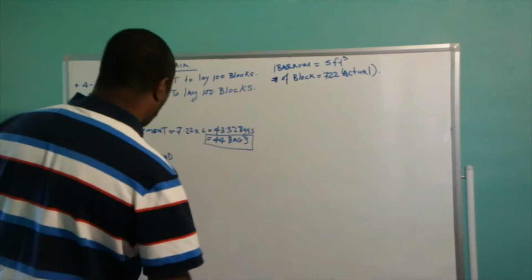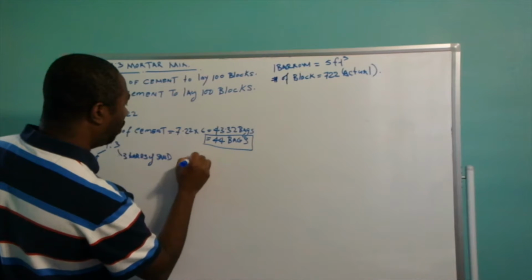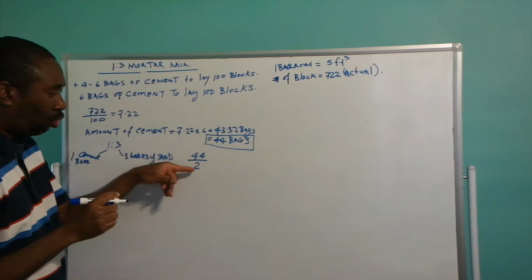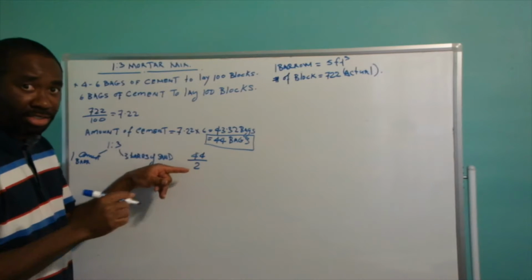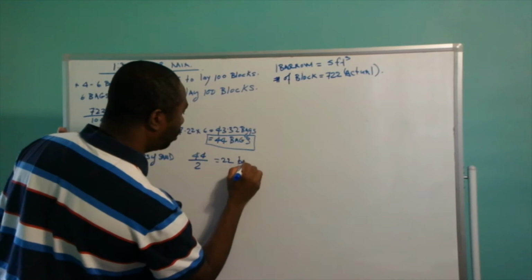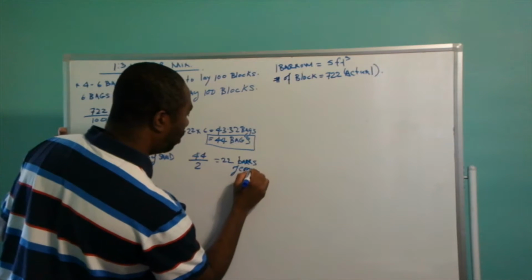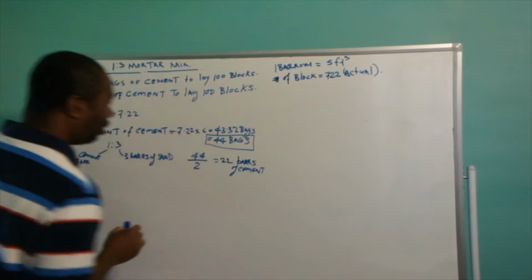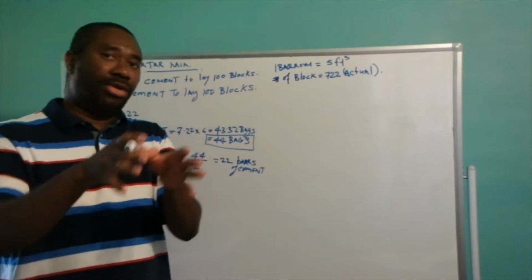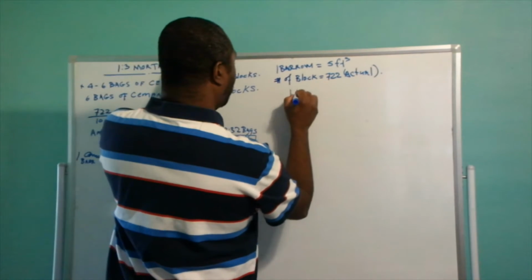In order to do that, it is 44 divided by 2, because 2 bags of cement is equivalent to 1 barrel. So this will work out to be 22 barrels of cement. So in order to calculate the mix proportion in terms of our sand, we have a 1-3 mix.